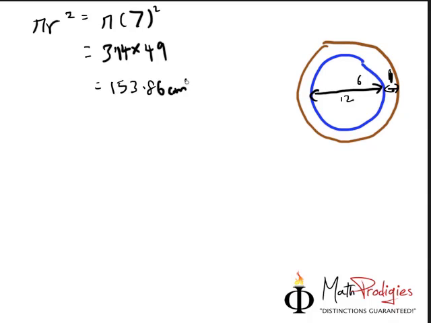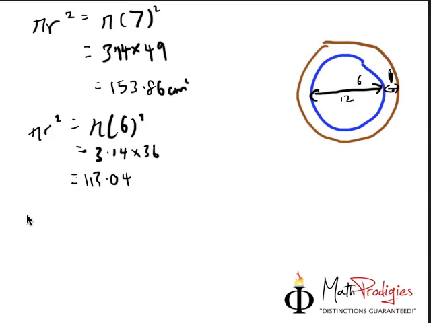How about the smaller circle? It's pi r squared, which equals pi 6 squared, which equals 3.14 times 36, which gives you 113.04.